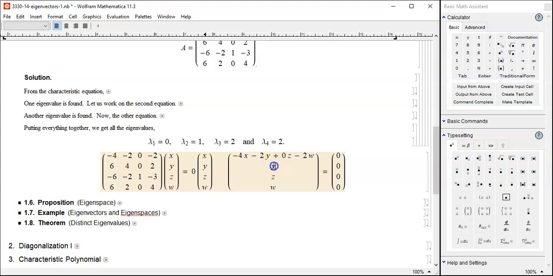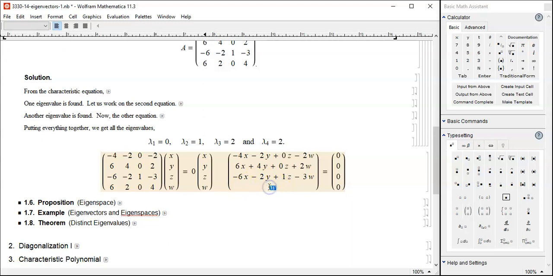And then next, 6x plus 4y plus 0z plus 2w is equal to 0, okay. And then negative 6x minus 2y plus 1z minus 3w is equal to 0.